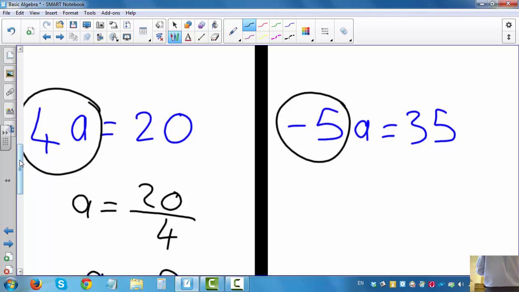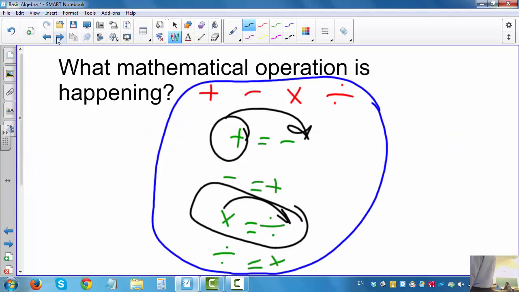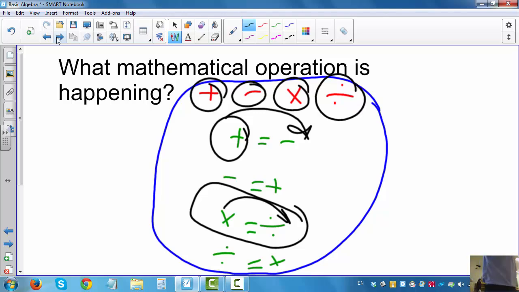But this should be your trick. What is the minus 5 doing here? Is it an addition, subtraction, multiplication, or division? What mathematical operation are we talking about here?